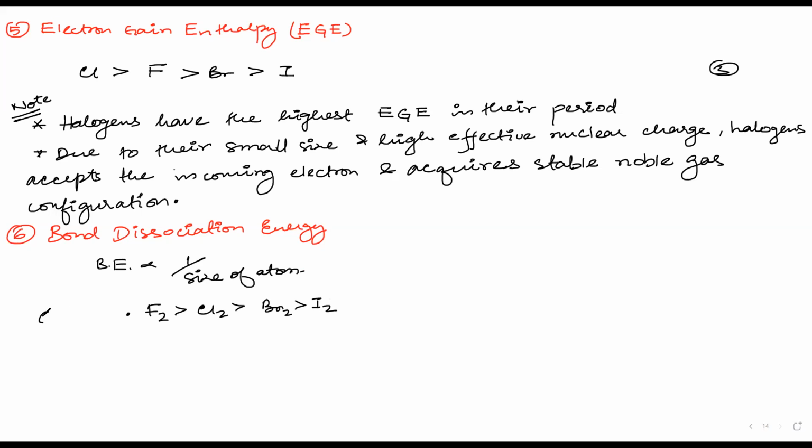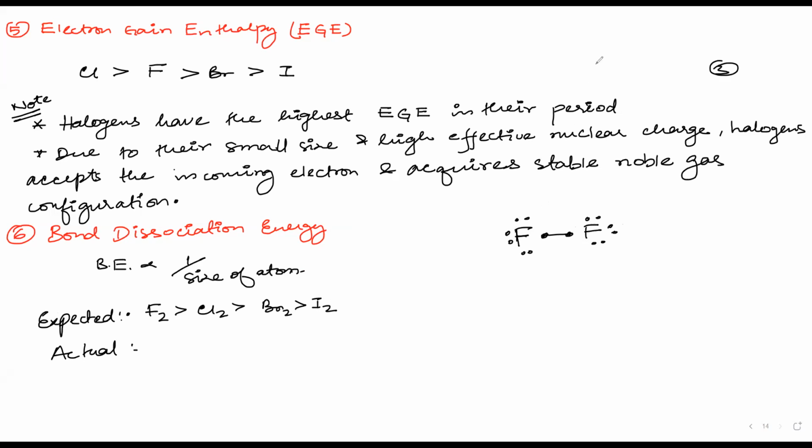But this is not right. This was expected. The actual order is: Cl2 first. See fluorine and fluorine bond. This is a single bond. How many electrons does it have? 7. One is in the bonding, and there are 6 lone pair electrons.